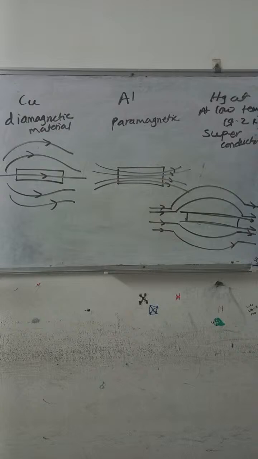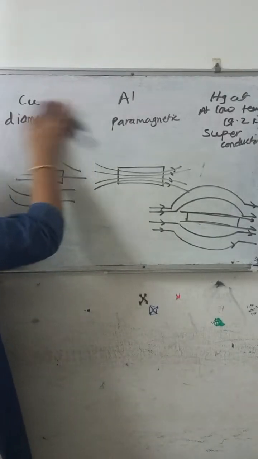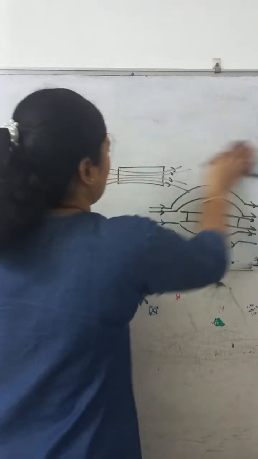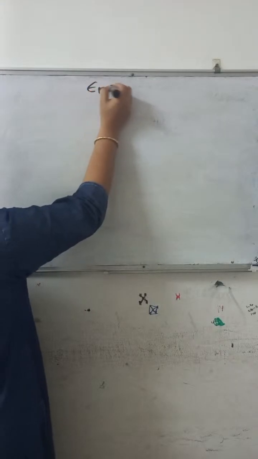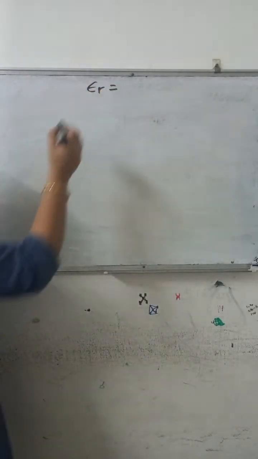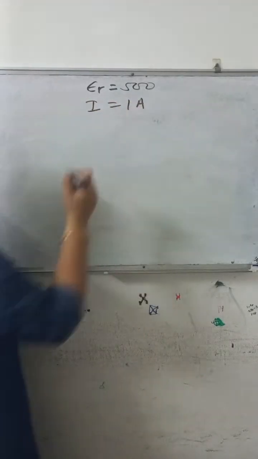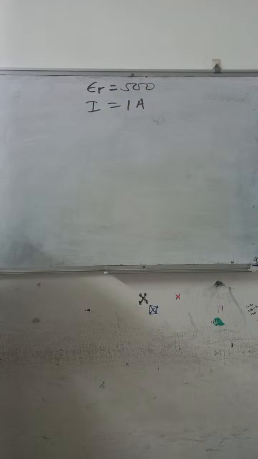So here one solenoid is given with a core material with epsilon r. Epsilon r is nothing but the relative permeability. So relative permeability epsilon r is given as 500. Then they are saying its winding carries a current of 1 ampere, so I is given as 1 ampere, and the number of turns of the solenoid is 500 per meter.